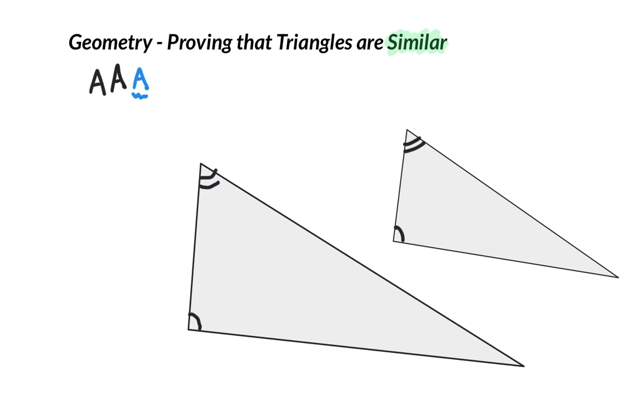Now, we all know that all three angles have to add up in a triangle to 180 degrees. So if you know these two angles, you can solve for this one. And if you know these two angles, you can solve for this one. So if we've already established that we have these pairs that are congruent, then it follows necessarily that these last unknown ones also be congruent.